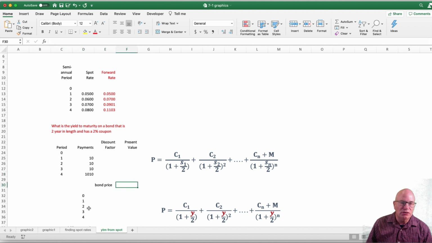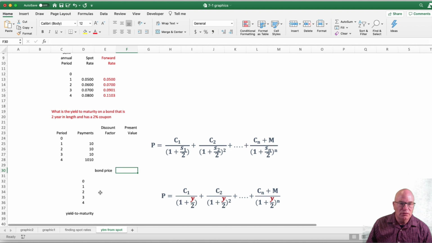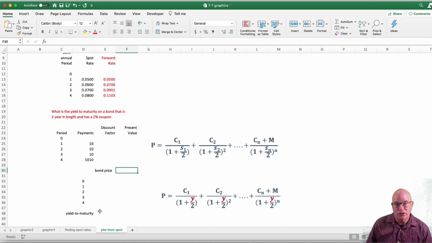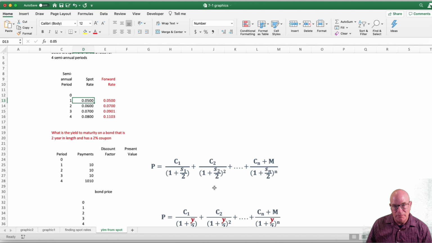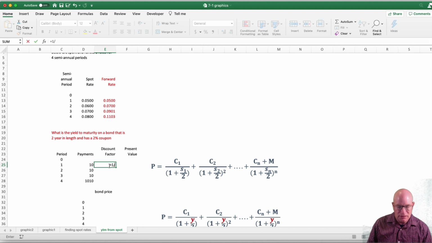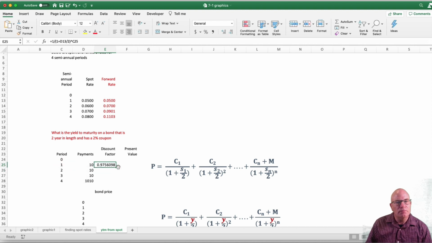Then we're going to use the internal rate of return to find the internal rate of return of that series. To find the bond price, remember, we're going to use discounting by the spot rates to get the bond price. So there we have the spot rates. Let's calculate the discount factor. There's the discount factor.